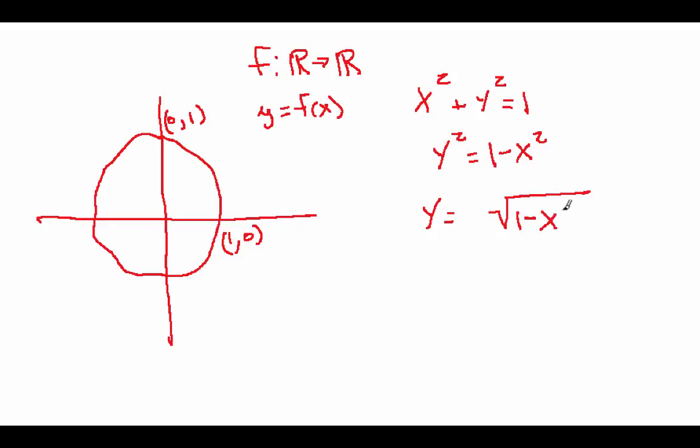But what I've written here isn't quite correct. It turns out that when you take the square root, there's a positive root and there's a negative root. That's why this thing over here on the top, and when I say the top, I mean all of this, that's y equal to the square root of 1 minus x squared.